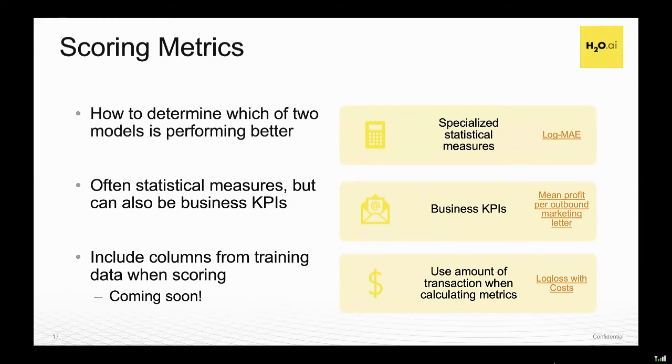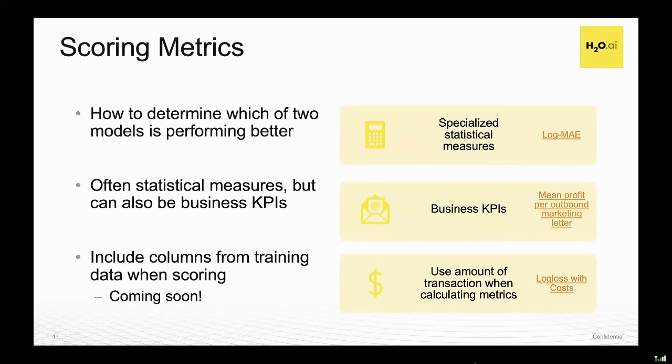And then a new feature that's coming soon, with the release later this summer, is including columns from your training data. If you have used custom recipes over the last year, you might know that the scoring metrics today only take in the predicted value and the actual value. But if there's something about your data that you want to use in that scoring metric, you can't do that today. That's what's coming soon.